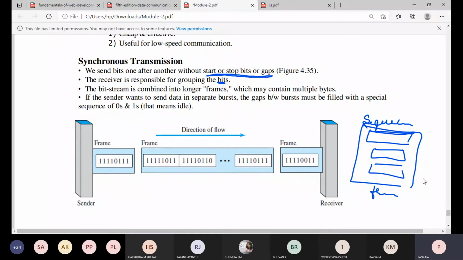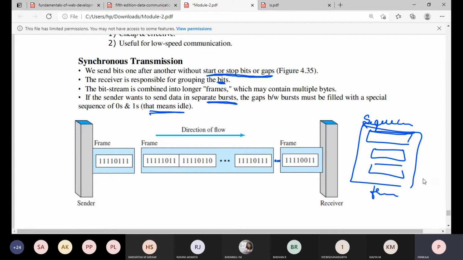This is for sending a small amount of data. In case the sender wants to send a burst of data, that means large data, whatever gap time interval there is between the frames, you can fill with a special sequence of zeros and ones.